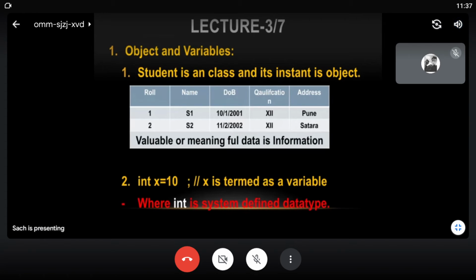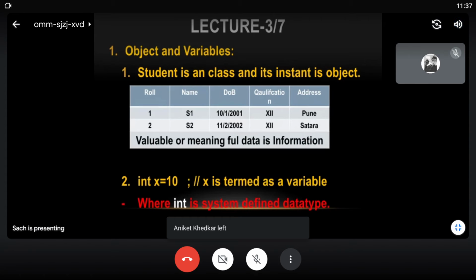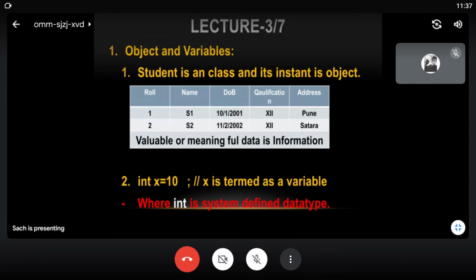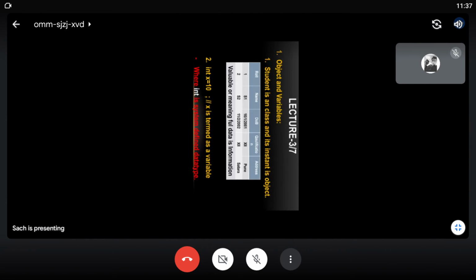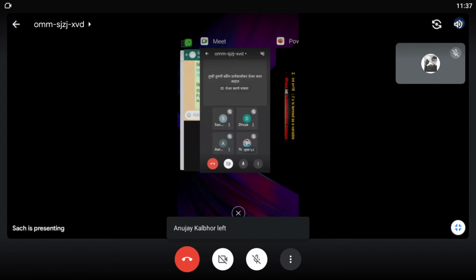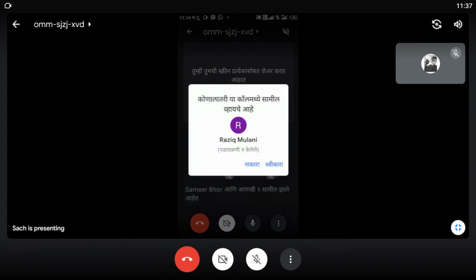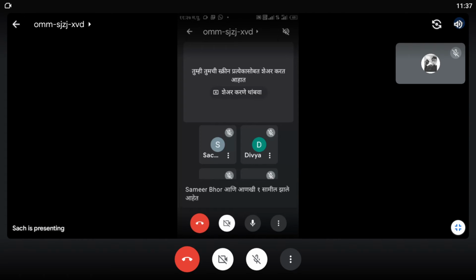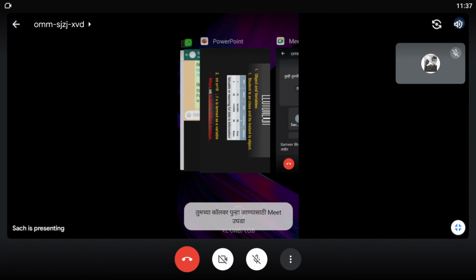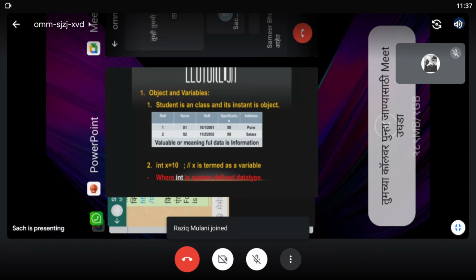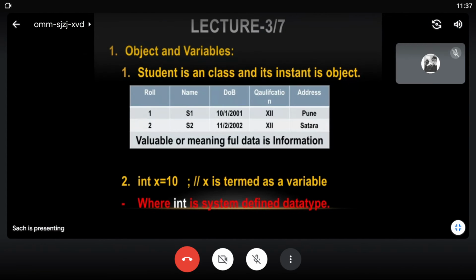So over here we again discuss int x is equal to 20. Now going deeper into the data types, int is a system defined data type, and we learned that whenever we are discussing data types, it is concerned with some memory. So what memory requirements are there for the integer data type? Let us see.